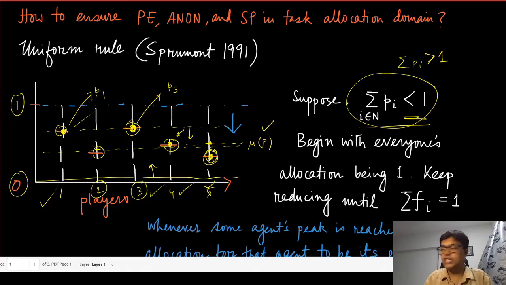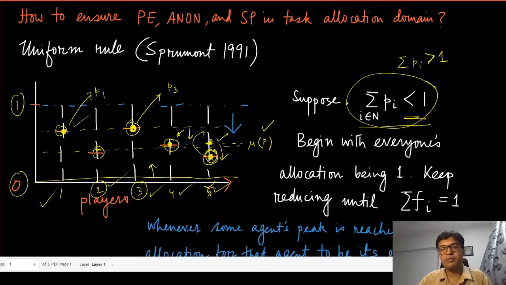What can happen for the other 2 players, player 2 and player 5, is that they could try to reduce this allocation closer to their peak, but because it is picking the maximum of the thread where it stopped and the peak of each of these agents, the only way they can change this allocation is by reporting their peak to be somewhere above that thread level, and that is clearly suboptimal.